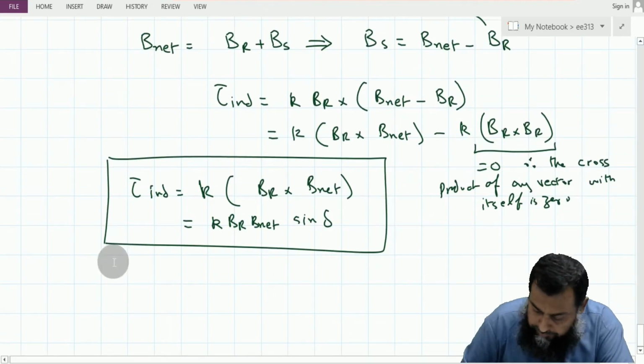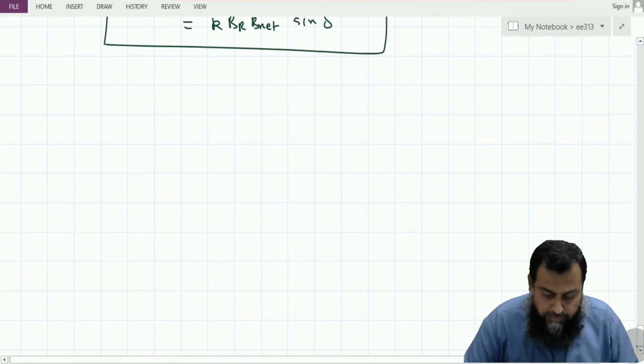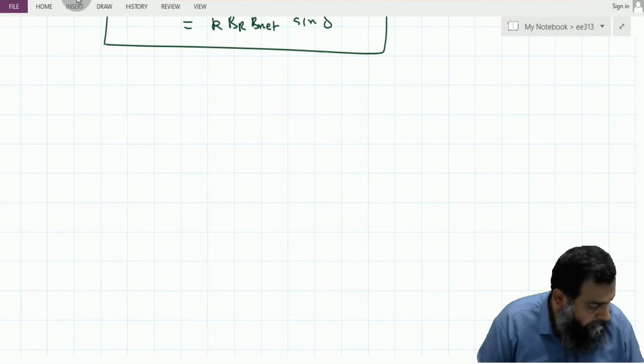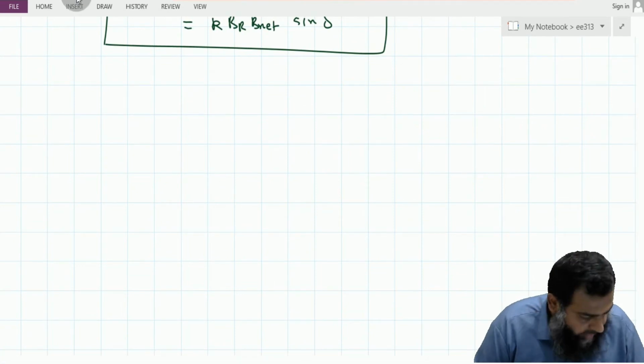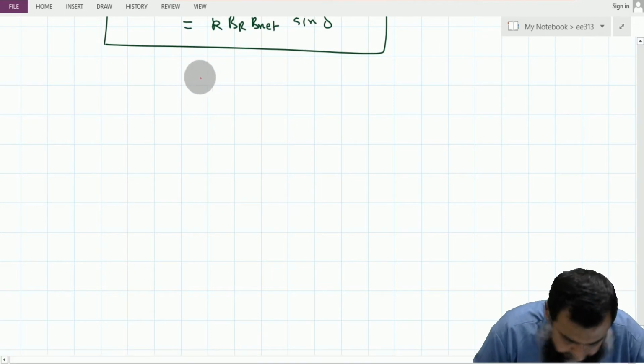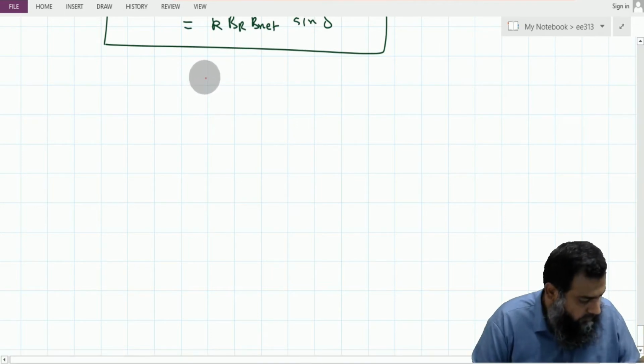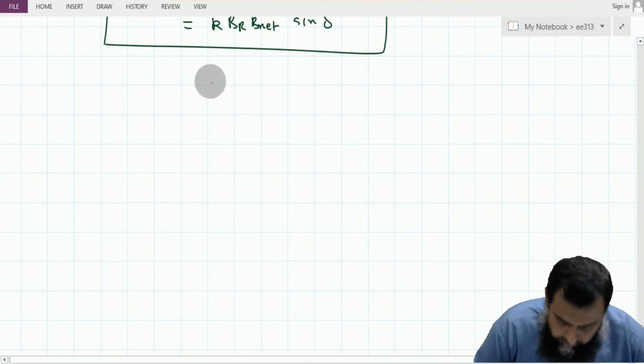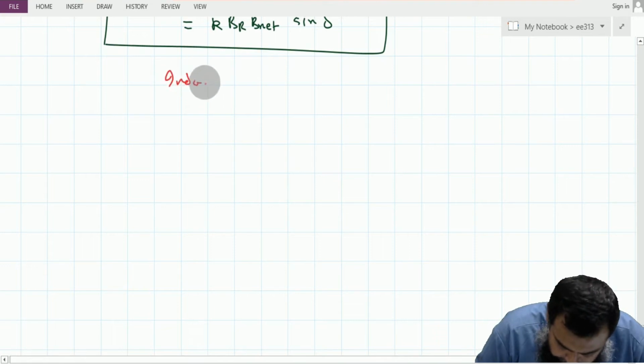So for this, let us revert back to the topic, which is the induced torque in an induction motor.